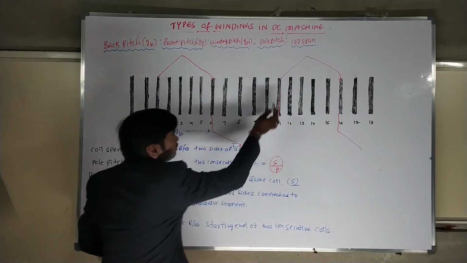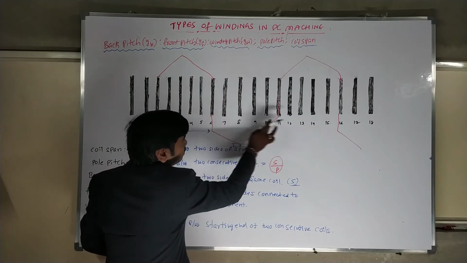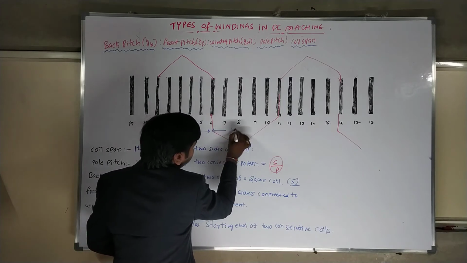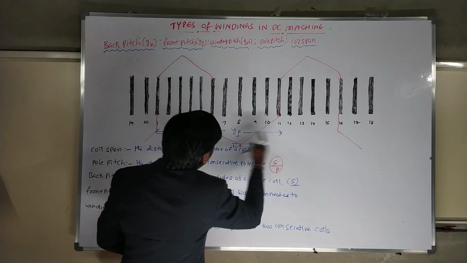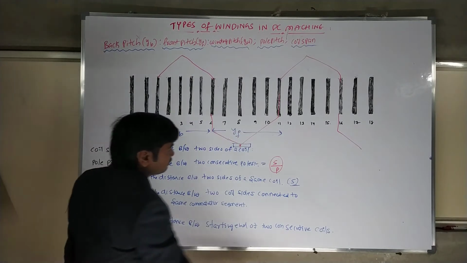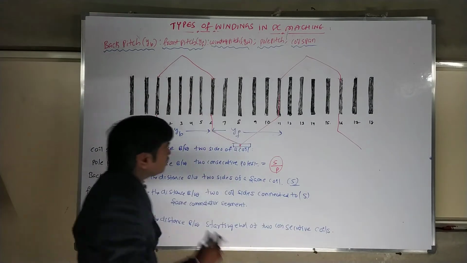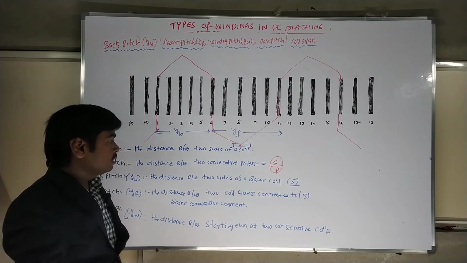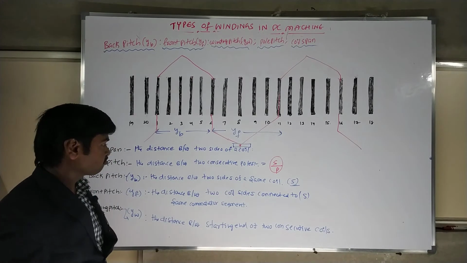This is one coil side, this is one coil side, which are connected. How much is the distance between here and here? 11 minus 6. This comes under the front pitch. 11 minus 6, again it becomes 5. This can also be expressed in terms of the number of conductors or number of slots. Number of slots is the best way.